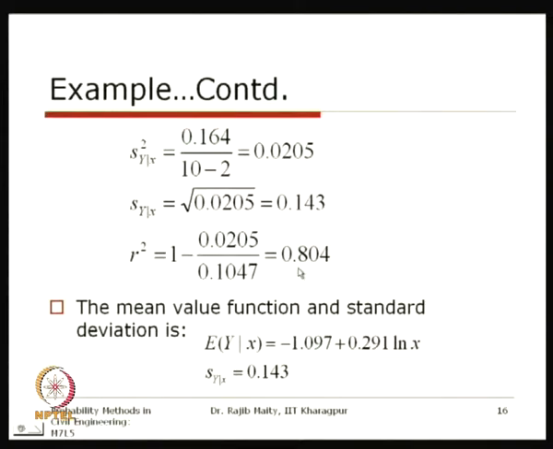So, finally, the final equation that we get, the mean value function and the standard deviation, is that the expectation of y given x equals minus 1.097, which is the estimate for alpha, plus 0.291, the estimate for beta, into the natural log of x. The conditional variance given x is constant, and the conditional standard deviation given x is constant, which equals 0.143 as we have seen, and this r square that we got is 0.804.